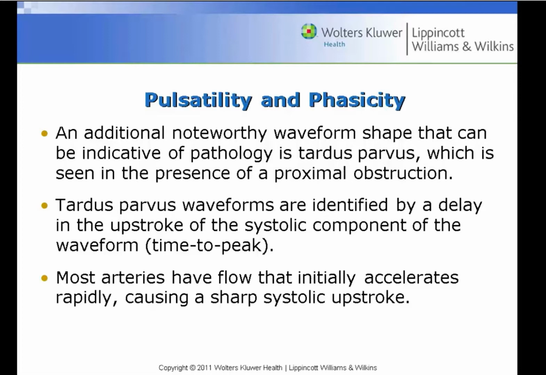Most arteries have flow that initially accelerates rapidly, causing a very nice, sharp systolic upstroke. But what you're seeing here is a very slow upstroke, so again, we need to note that, and there's probably an obstruction.